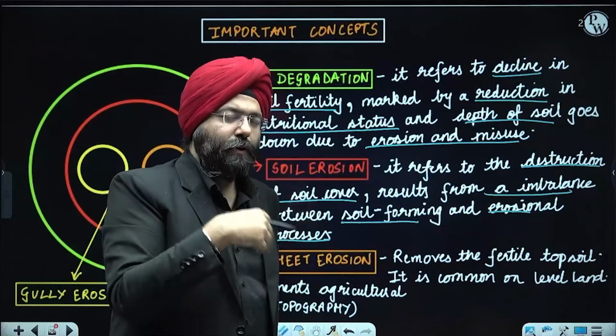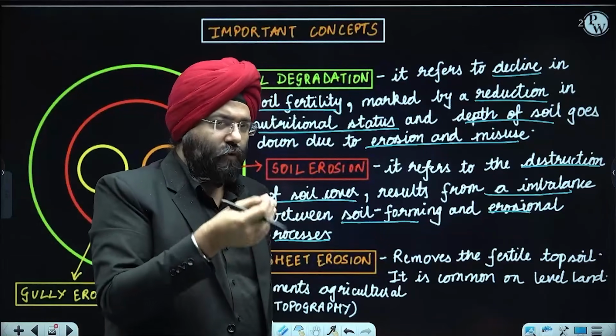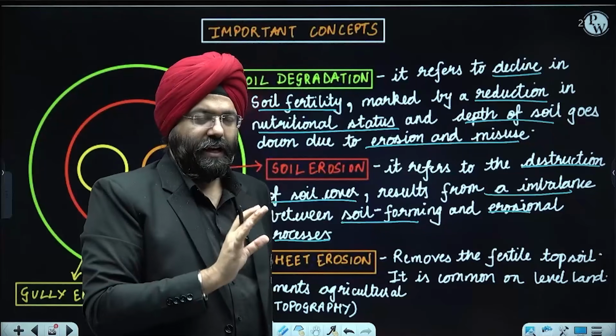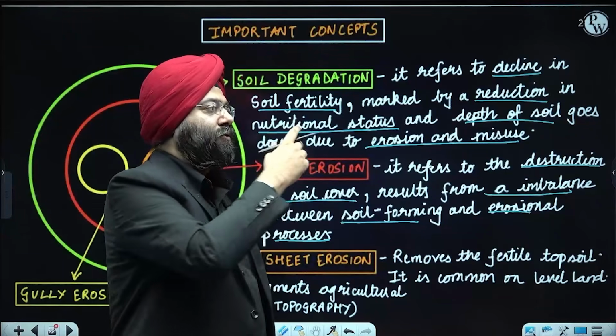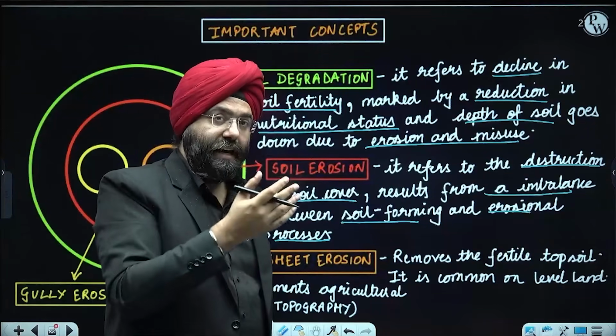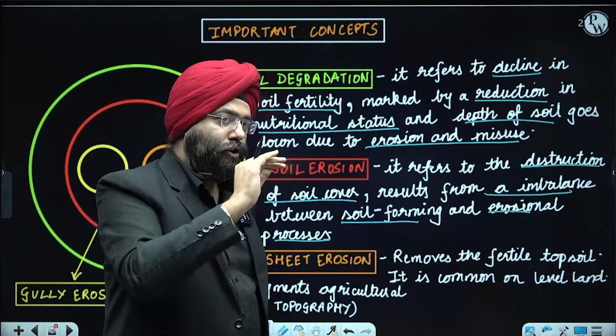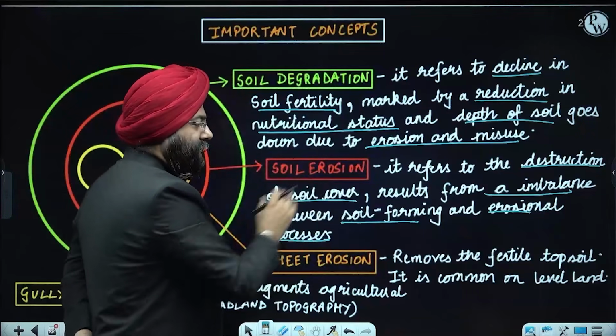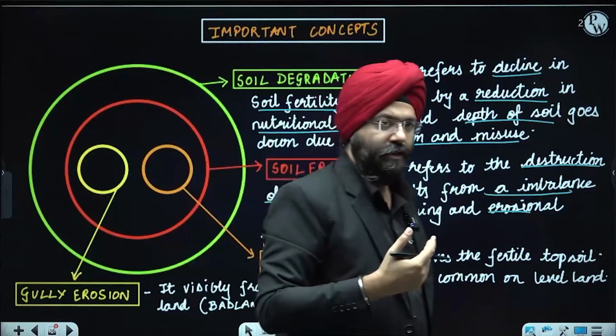When we talk about crops being grown, fertility is very important, right? If fertility is degrading, that means soil degradation. Now you will realize that there are various ways through which the topsoil or the soil cover is being disturbed, right?